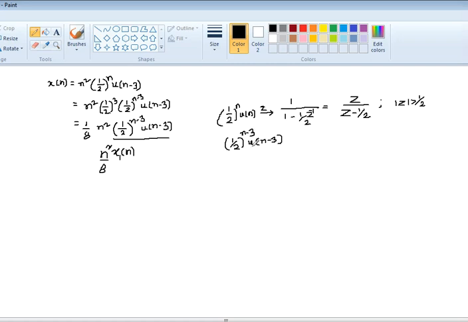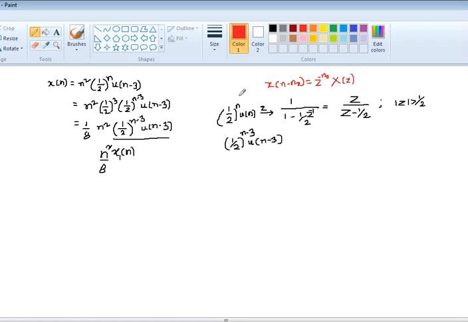So by using the time shift property, which states that x of n minus n naught is equal to z raised to minus n naught into x of z, where x of z is the z transform of x of n.